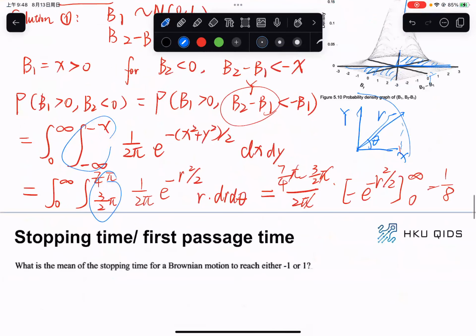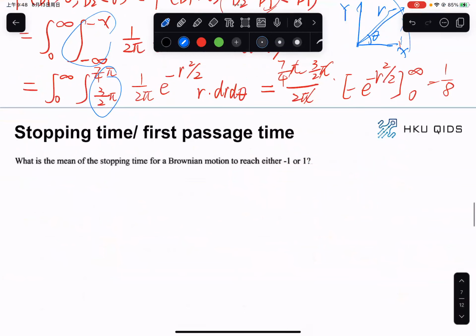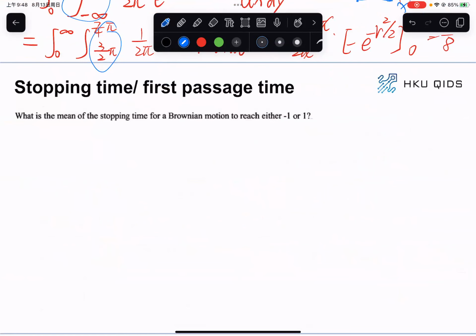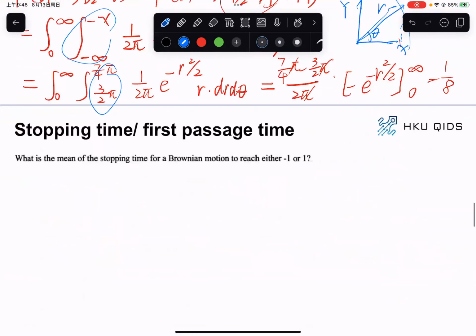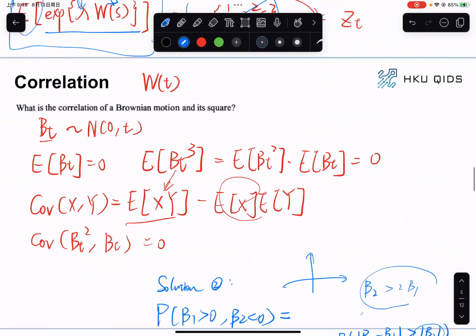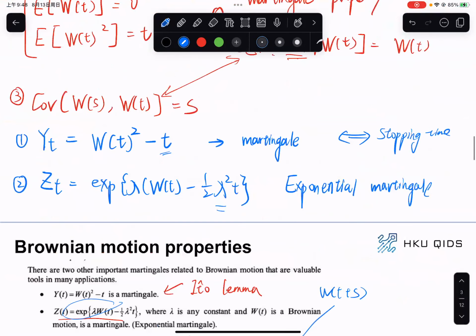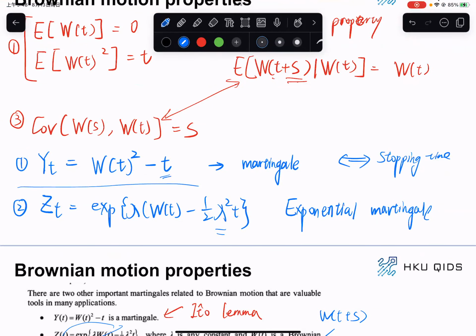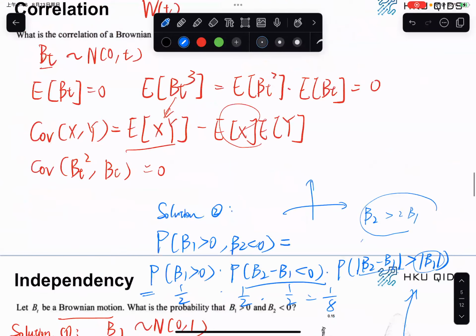And now for the next question, the stopping time or the first passage time problem. The first question here is, what's the mean of the stopping time for a Brownian motion to reach either -1 or 1? As we just discussed, the reason we have this is that it links the martingale and the Brownian motion with the stopping time. Okay, so now we are going to use this format.